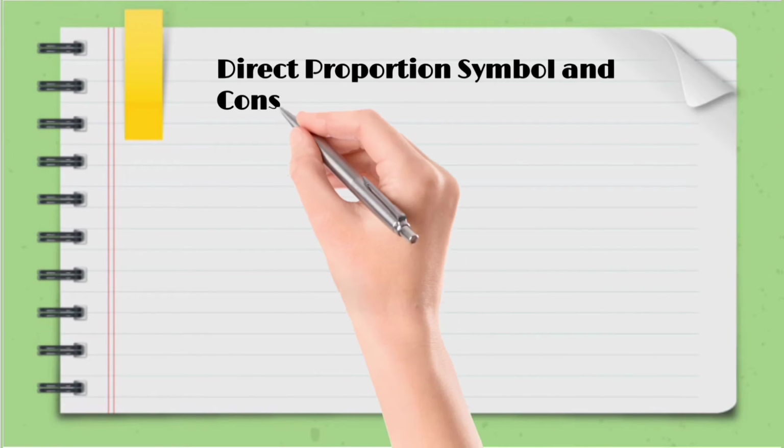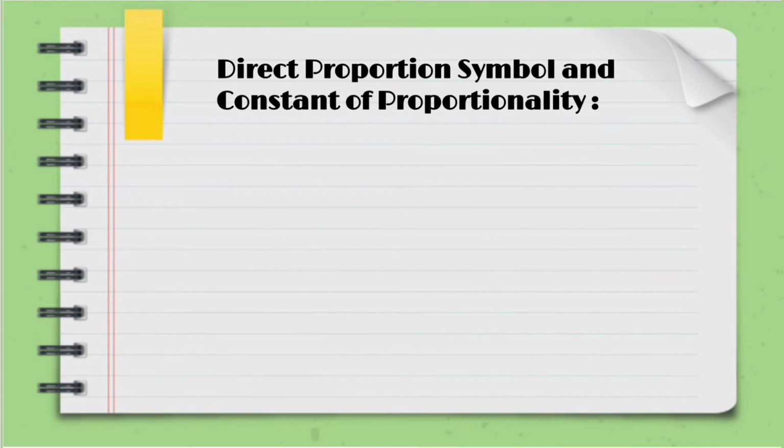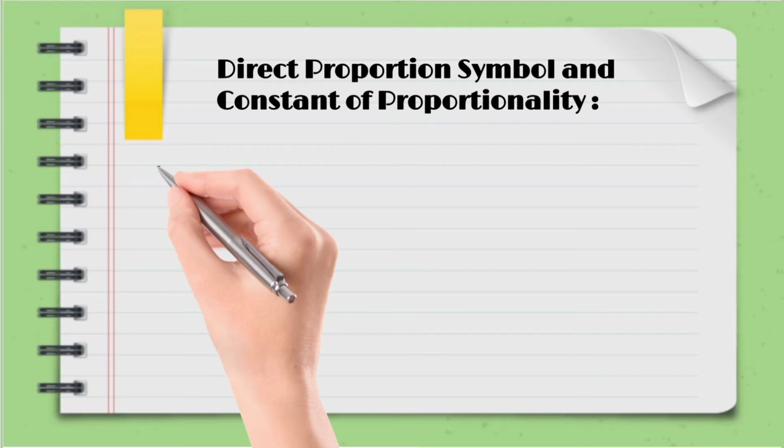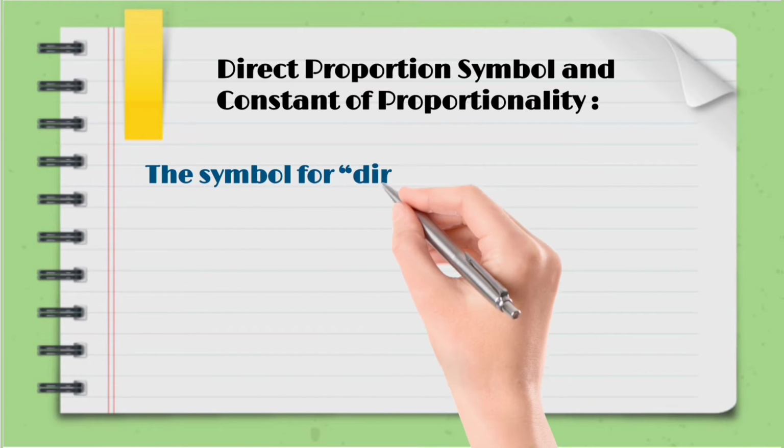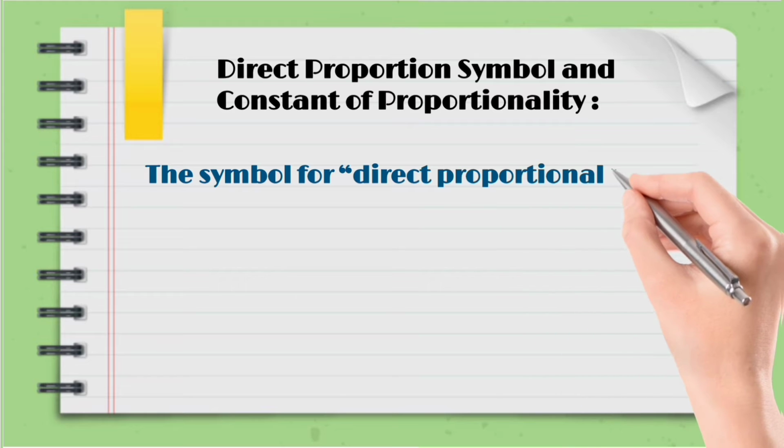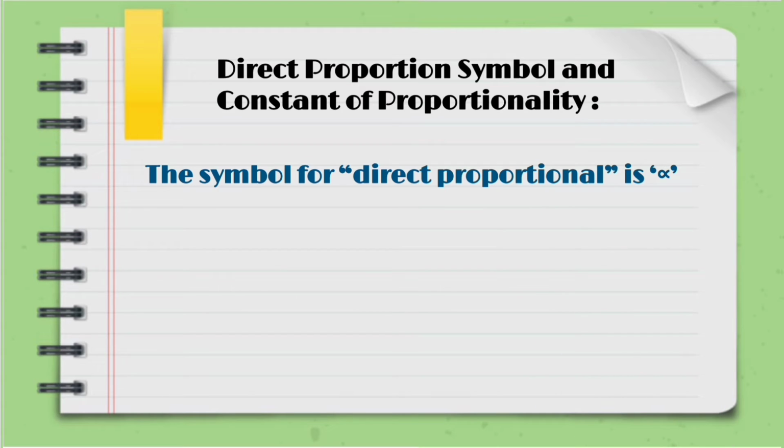Now let's see the symbol of direct proportion and the constant of proportionality. So the symbol for direct proportion is shown on the screen. And the two quantities existing in direct proportion can be expressed as x is directly proportional to y.